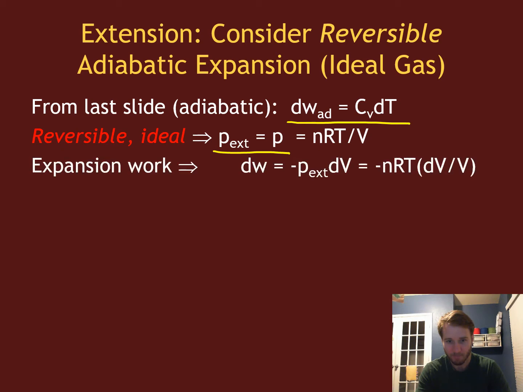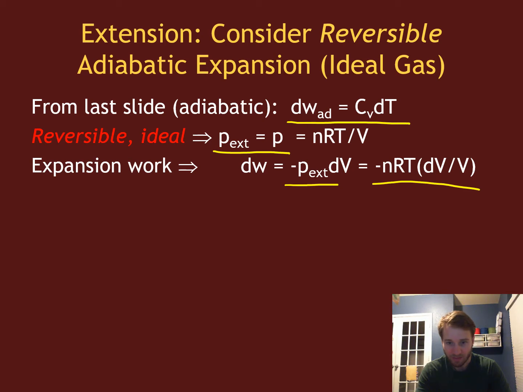And we can also recall that expansion work is typically calculated as minus P external dV, or minus nRT dV divided by V, plugging in for the external pressure equaling our internal pressure.